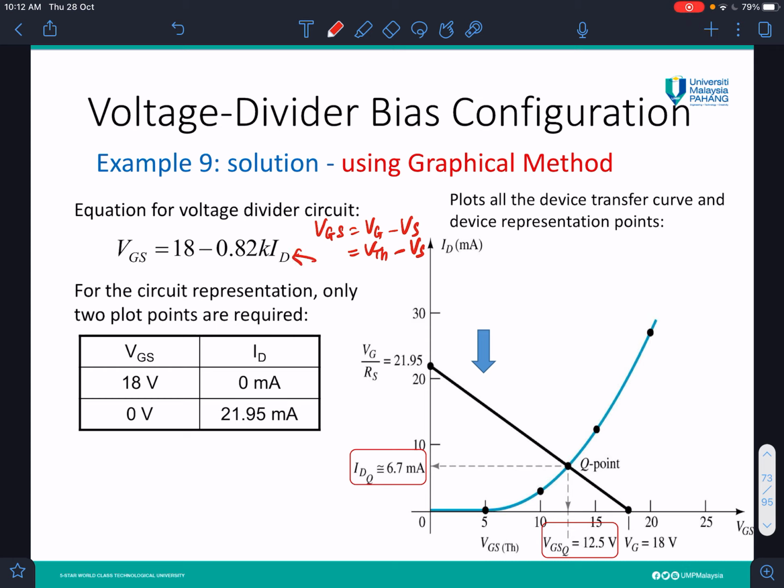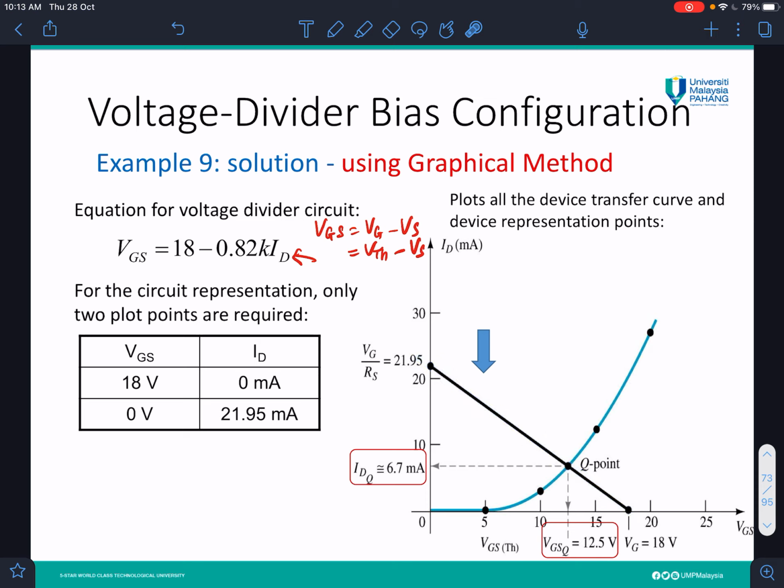Then we want to draw the straight line, so we need 2 points. This equation is very easy. Insert ID equal to 0, then you get VGS equal to 18. Insert VGS equal to 0, and you get ID as 21.95 milliampere. Then you plot the first point and the second point, and make the line here.